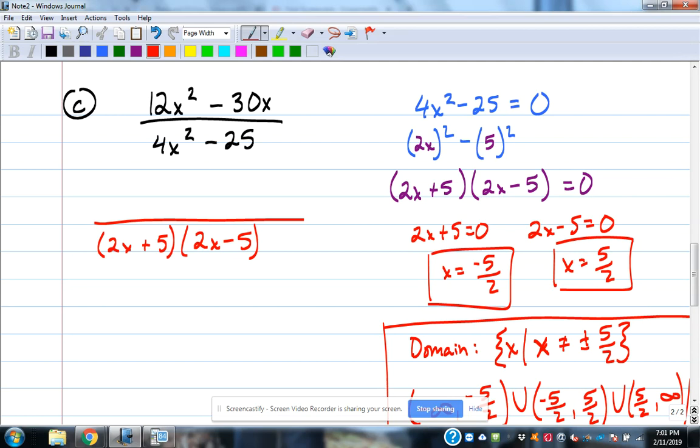Okay. GCF would be 12 and 30. What will go into both of those? 6. What else do they have in common? X. What's that leave in parentheses? 2x minus 5, which, hey, that happens to cancel out one of my factors from the denominator. And so I get 6x over 2x plus 5.